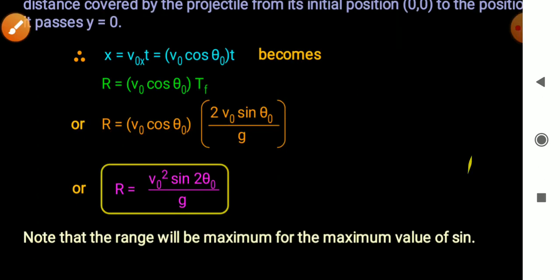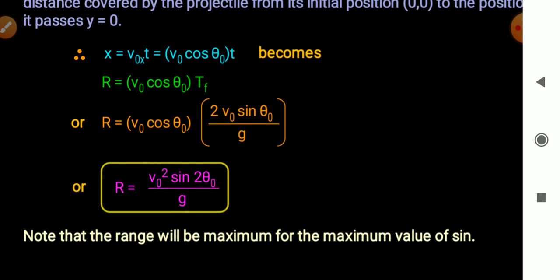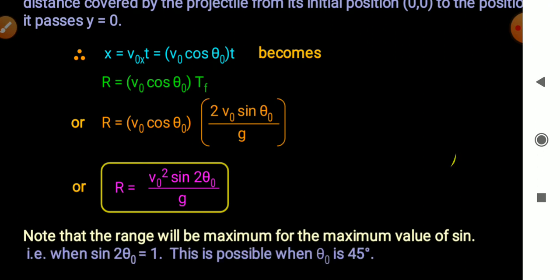The range will be maximum for the maximum value of sine. So the maximum value is sin 2 theta equal to 1, right? This is possible when theta is equal to 45 degree. So range will be maximum when theta equal to 45 degree.